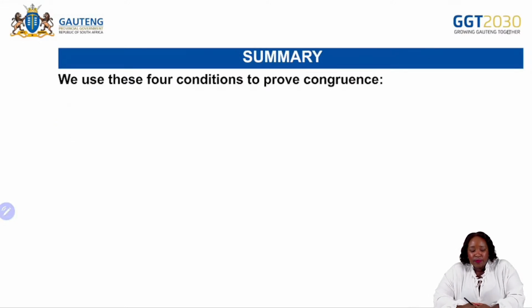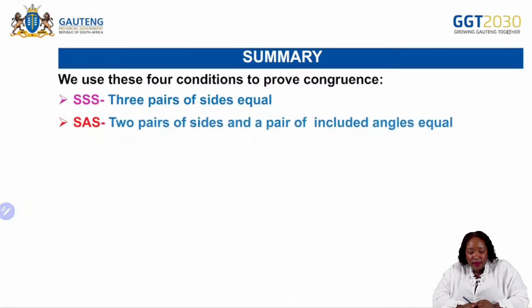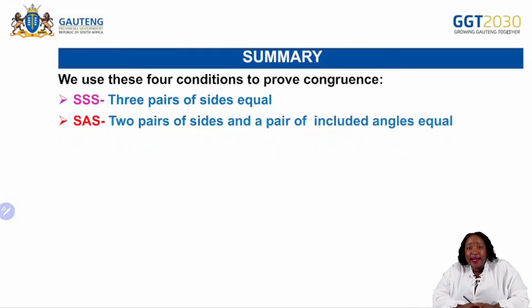Okay, all right. Now, let's talk about the conditions we discussed. First condition, side, side, side. You must have 3 pairs of corresponding sides equal, and then you must have side, angle, side. It must be 2 pairs of sides that are equal and a pair of included angles.